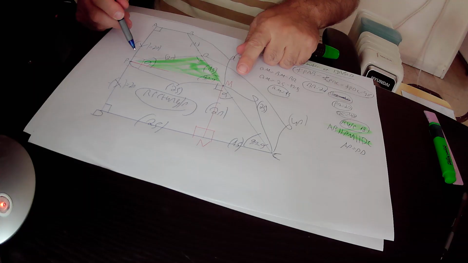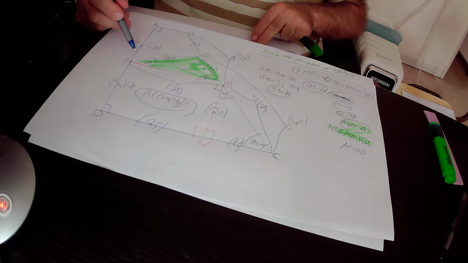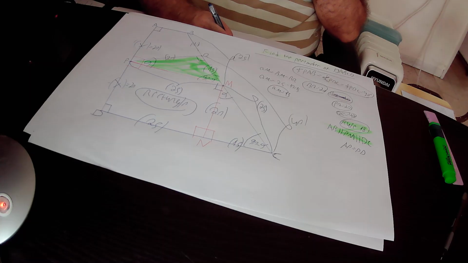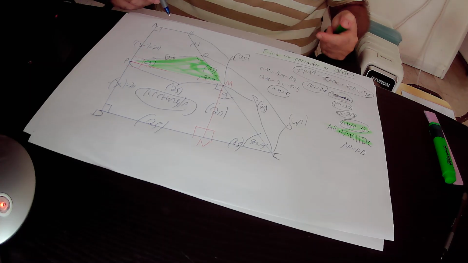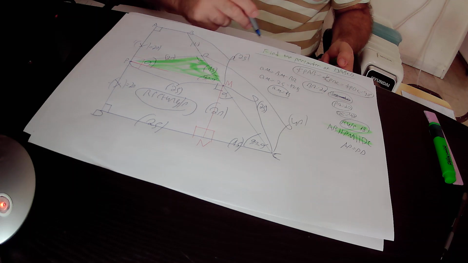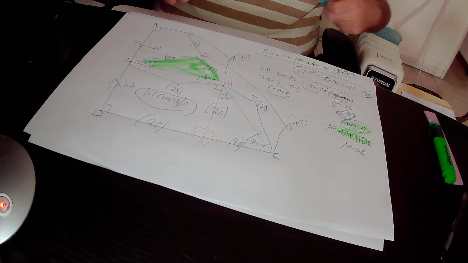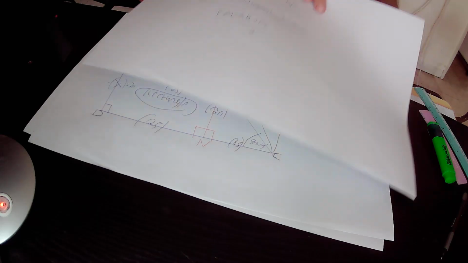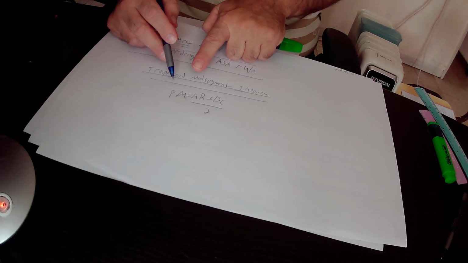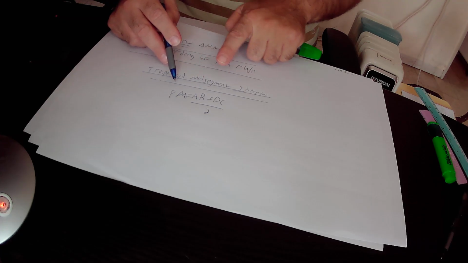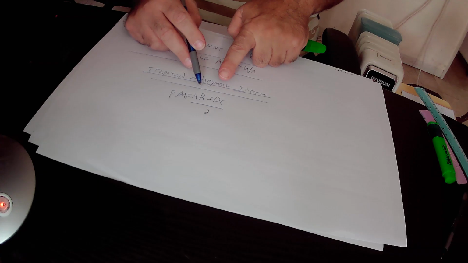Therefore, PM is the mid-segment of trapezoid ABCD. According to the trapezoid mid-segment theorem, the length of PM is equal to the sum of its two parallel bases, that is to say AB plus DC over 2.